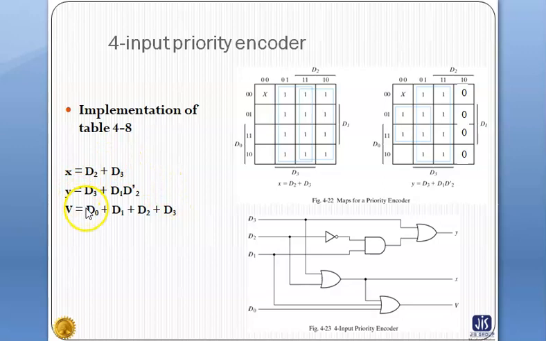So if we deduce these three output expressions, we can easily implement it with the help of basic logic gates. So this is the 4 input priority encoder. Okay.